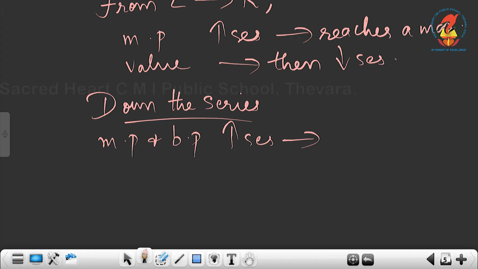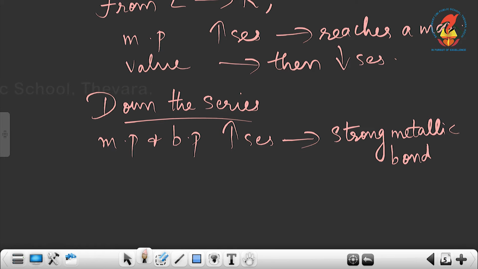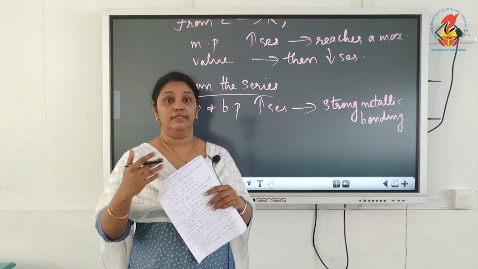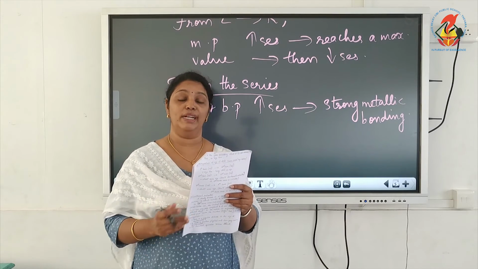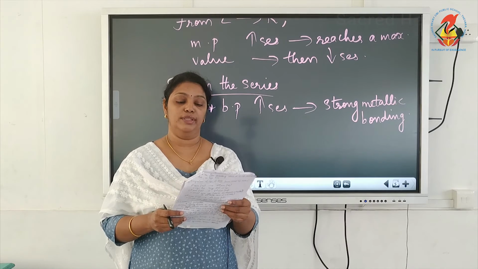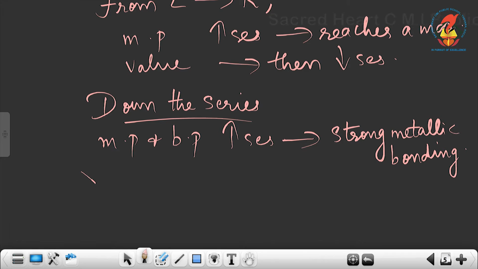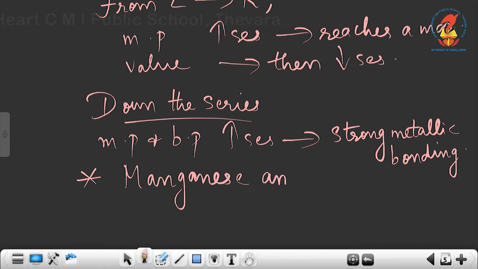The reason for this is strong metallic bonding in heavy transition elements, meaning down the group we have higher or heavy transition elements. So down the group there is strong metallic bonding, so melting point and boiling point increase down the group. Now there is an exceptional case which you have to note. Two elements that show anomalous behavior in their melting point and boiling point are manganese and technetium.